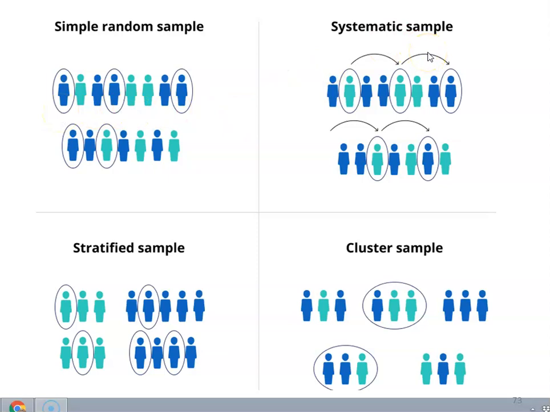In systematic random sampling, you calculate a sampling ratio. For example, every second person or every third person in your population has to be included in your sample.